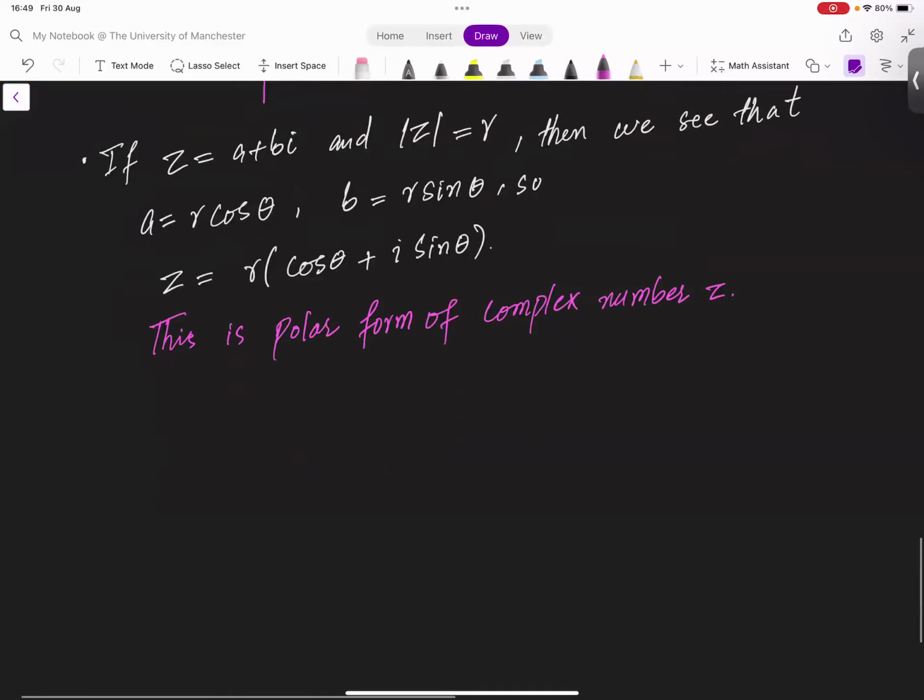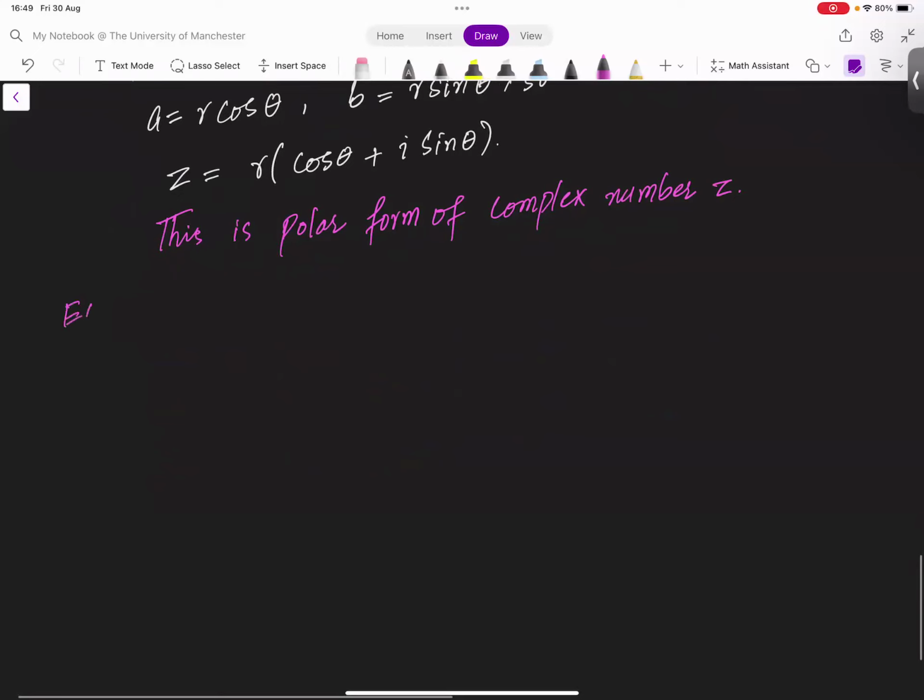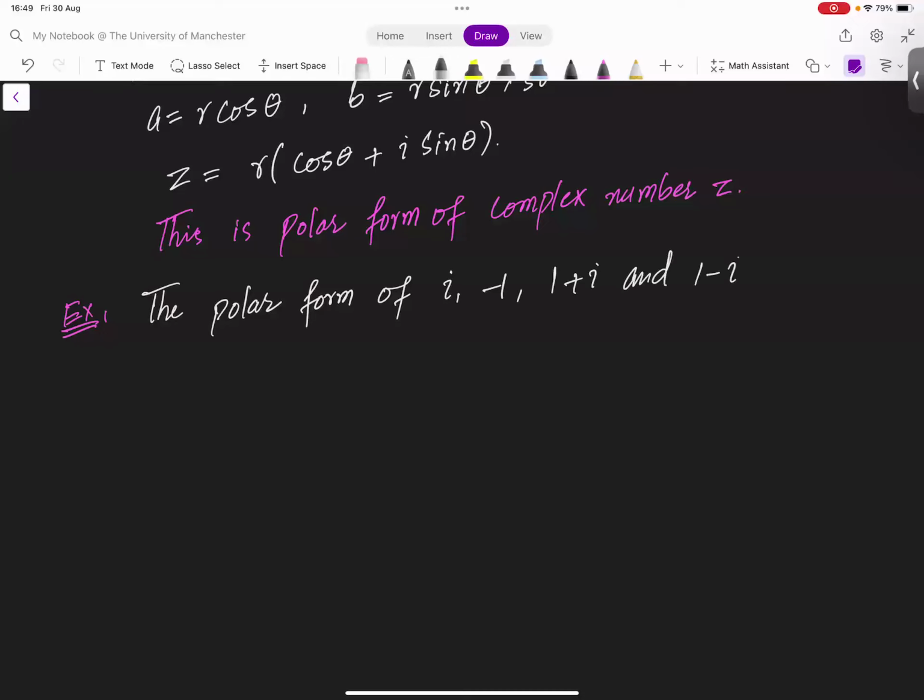We can do an example. So the polar form of iota, minus 1, 1 plus iota, and 1 minus iota. So iota can be written as 1 into cos pi by 2 plus iota sine pi by 2.